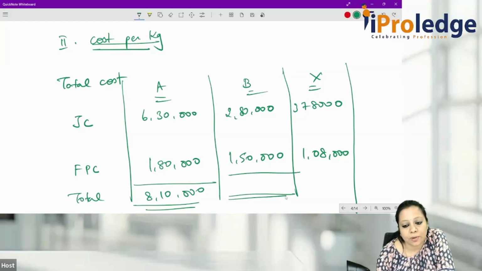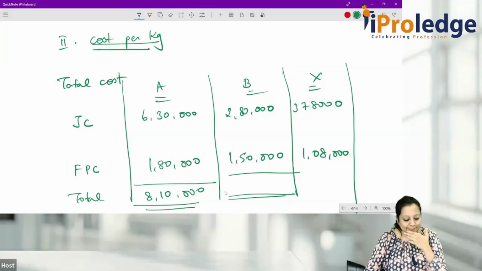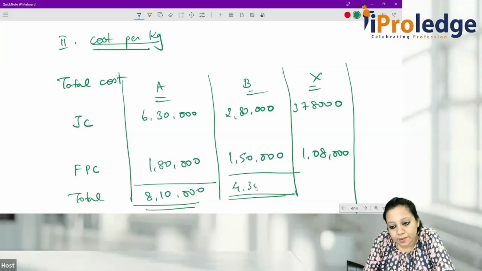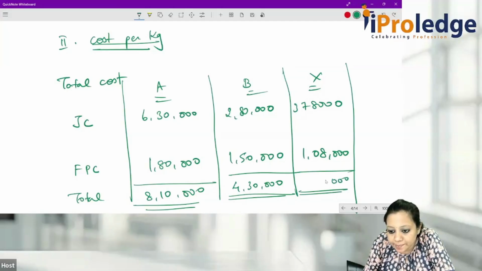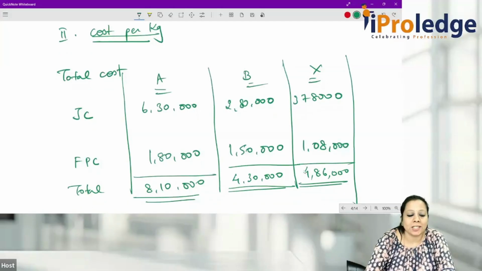Next one, is it 4 lakh 30,000? Yes. Next one, this will be 4 lakh 86,000. Just check out. So now they want cost per kg.